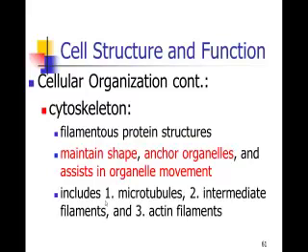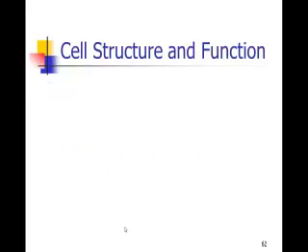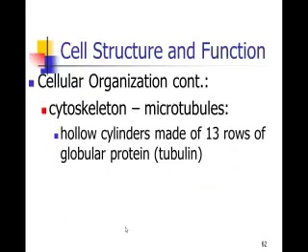There are basically three kinds of tubules or filaments that are included as the cytoskeleton. We have the microtubules, intermediate filaments, and actin filaments, and we'll talk about each of these in turn. So we'll start with the microtubules. Microtubules are hollow cylinders.